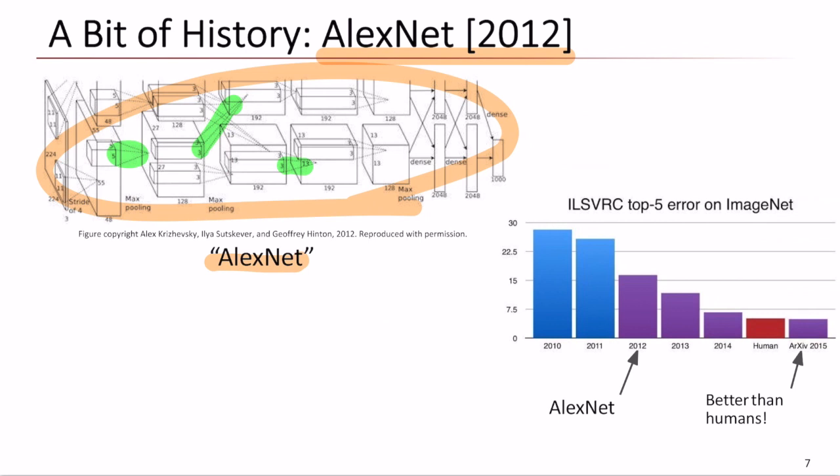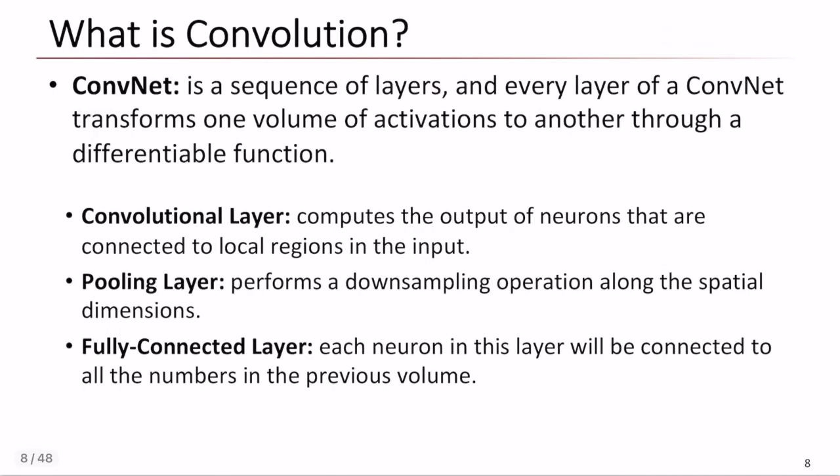And as we discussed already, AlexNet in 2012 dramatically improved the performance compared to shallow networks and started the modern deep learning revolution. Anyway, so this is AlexNet.